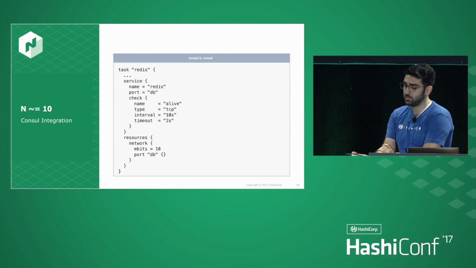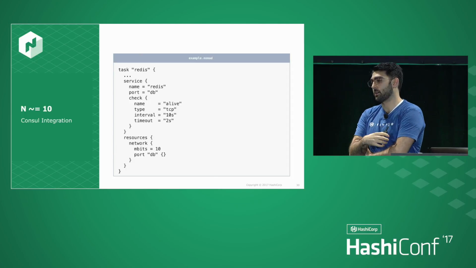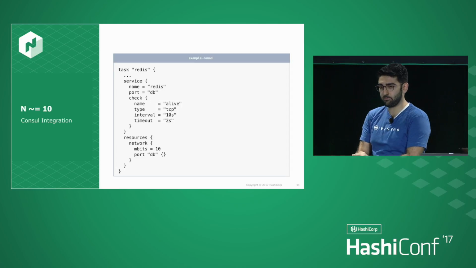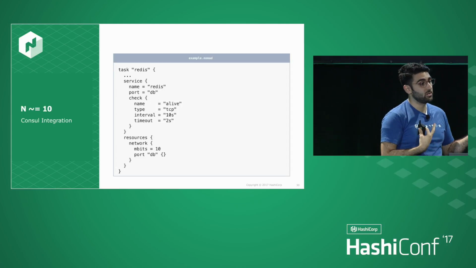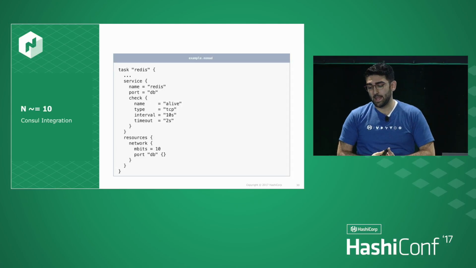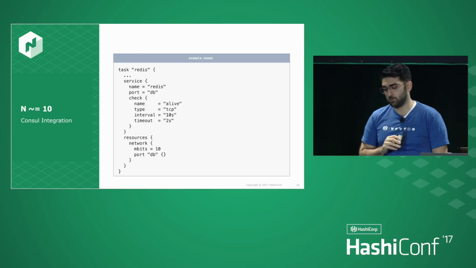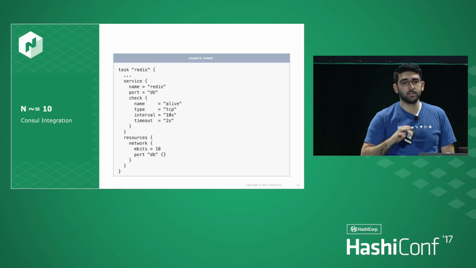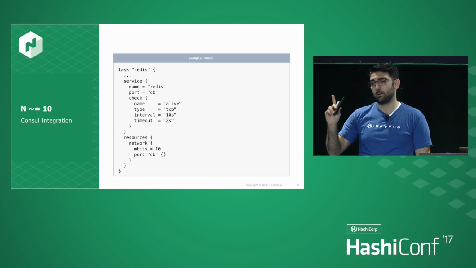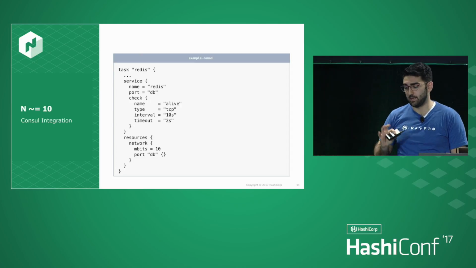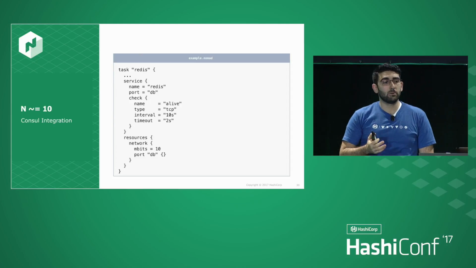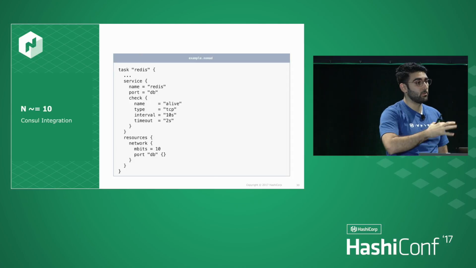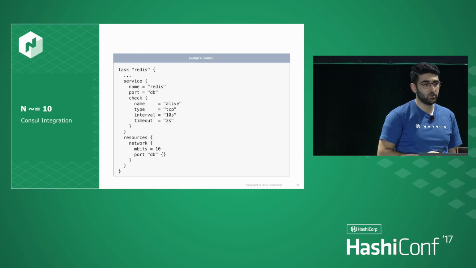So within a task, you can add a service block. And what this service block does is it'll register a service with Consul. And if you look at the bottom of the screen, you'll see we have a resource block. This task is asking for one dynamic port, named the database port. And Nomad will just pick an ephemeral port on one of the available IPs for you.